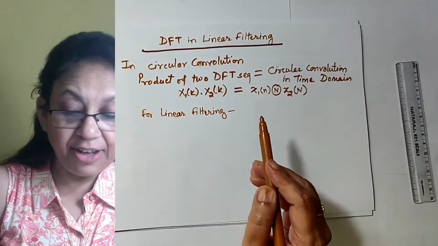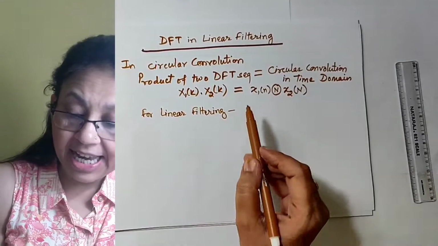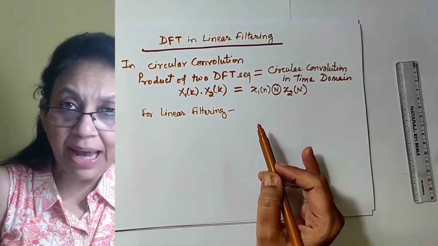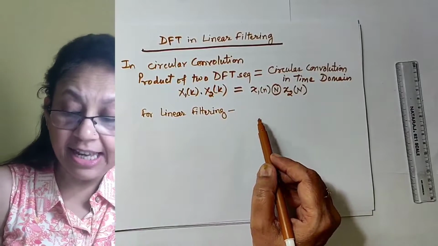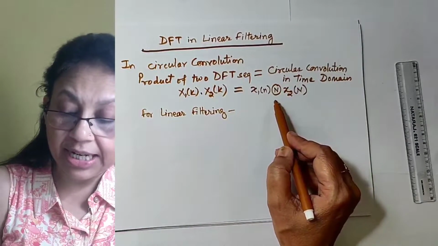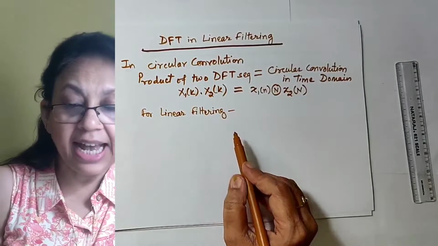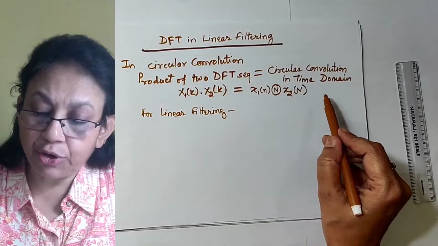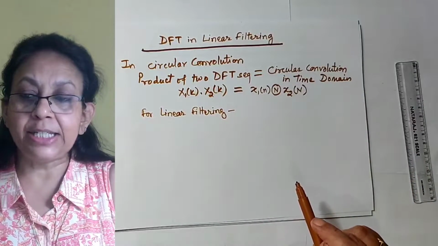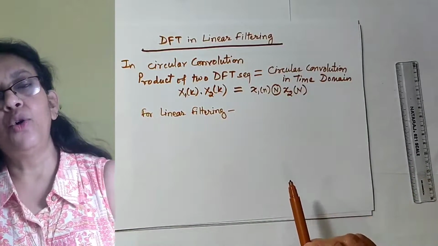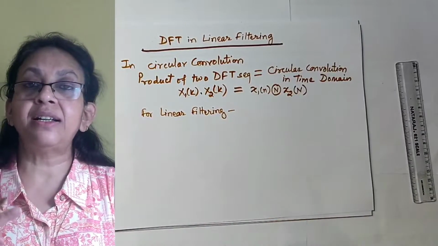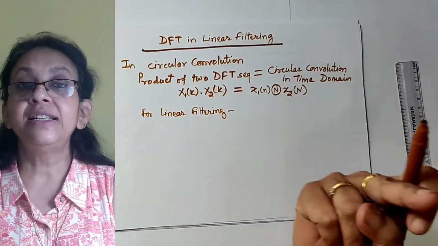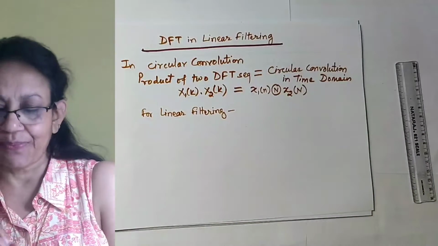What I'm stating is that if we are considering the linear filtering case and we are not managing the sequence length, then circular convolution in linear filtering has no use, because circular convolution has only one pitfall: managing the overlapping of the sequences while we are circularly shifting the periodic sequence.